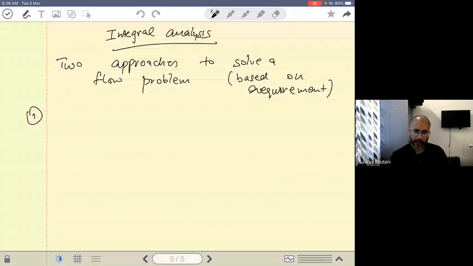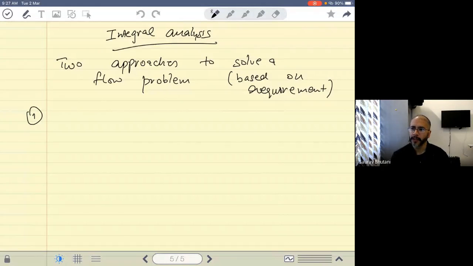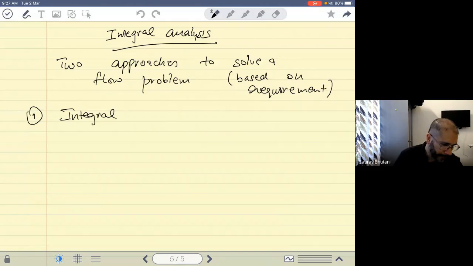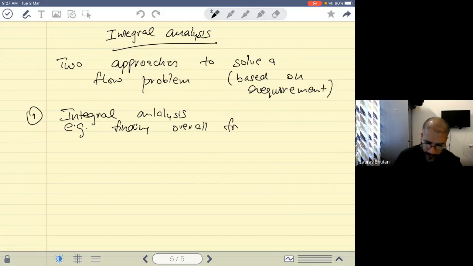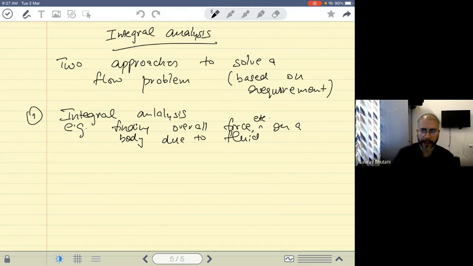This is an integral problem, because what interests you is the total force acting on the car, the total drag force acting on the car because of the air. So finding overall force, etc.